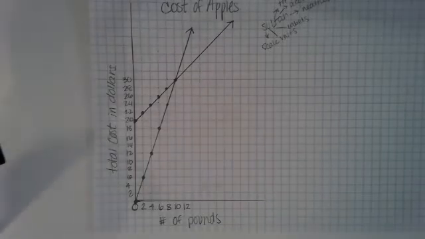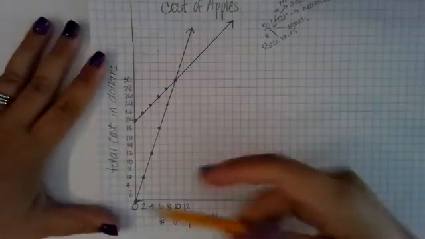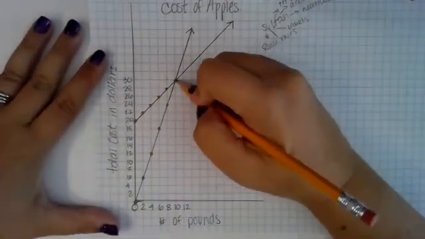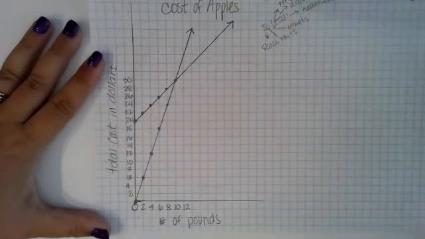How many pounds of apples do I need to purchase in order for it not to matter? 10 pounds. Okay, because no matter what store I'm shopping at, 10 pounds is costing me $30. Is everyone in agreement to that? Everyone's okay with that? Okay.